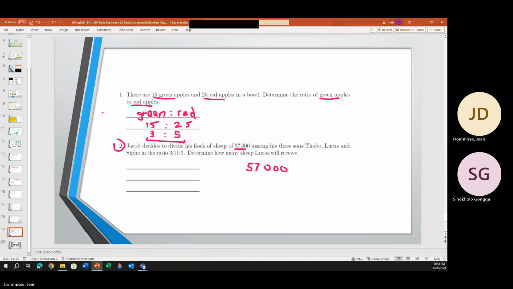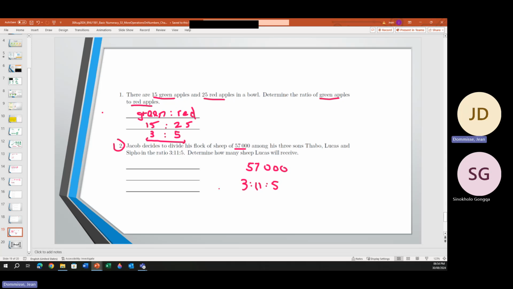So Talbu, Lucas, and Sipo get the ratio 3 to 11 to 5. Okay, so now we need to divide this 57,000 into the ratio 3, 11, and 5. So a bit different.